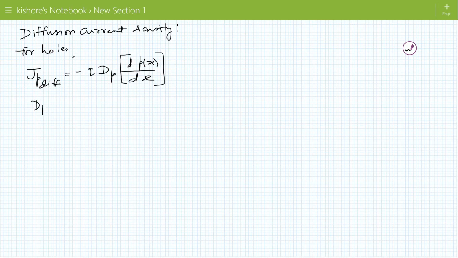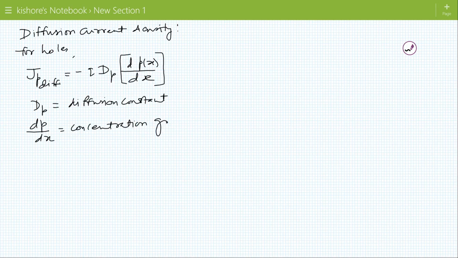Here this Dp is diffusion constant, and dp by dx is the concentration gradient. This diffusion constant is also for holes.